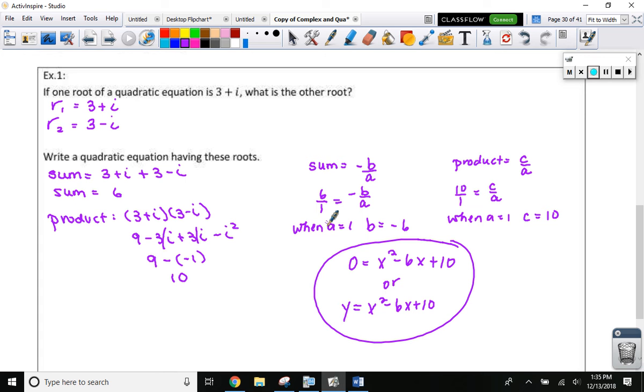Can you get out your graphing calculator and type in the equation that we say is our answer? We say y equals x squared minus 6x plus 10 is the answer that we want. If you went to look at the graph, even though you couldn't guarantee you were right, what would you be looking for to at least feel better about it?